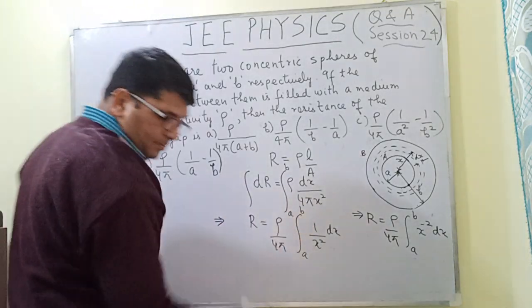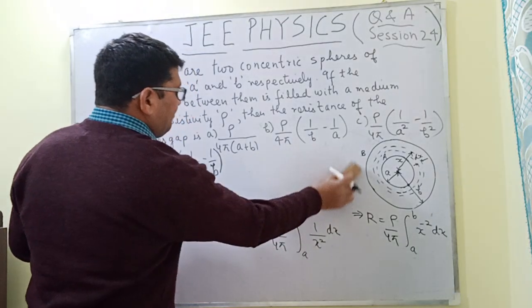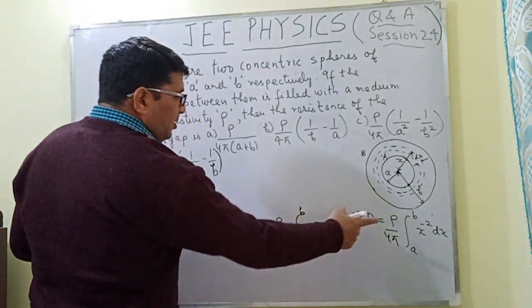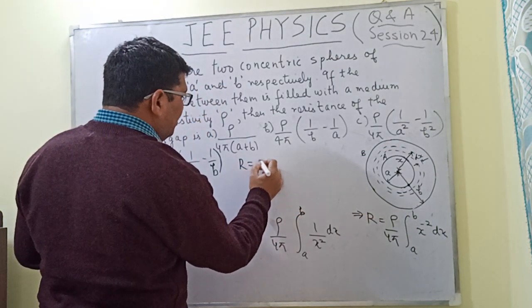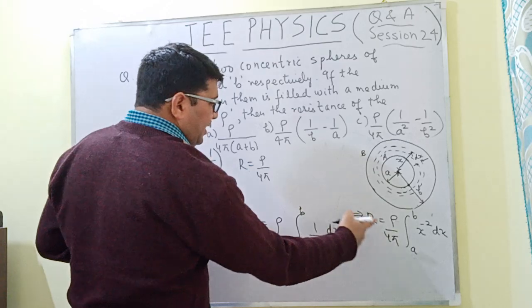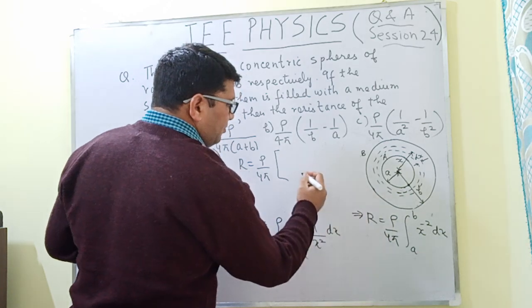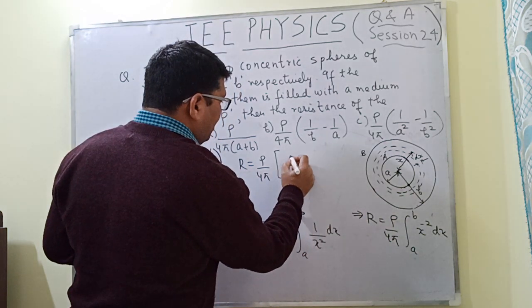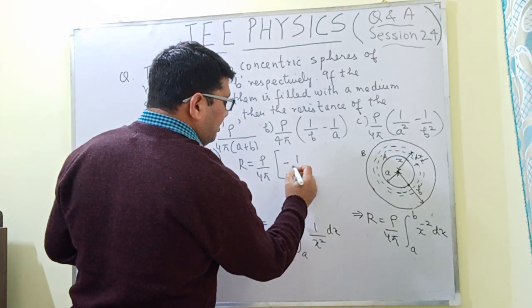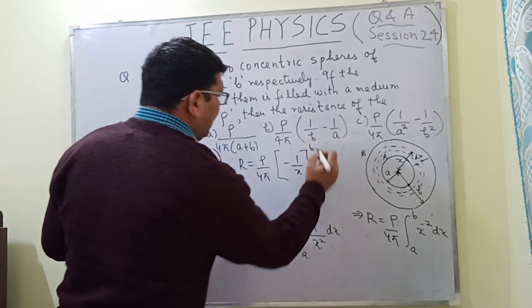Now R will be equal to rho upon 4 pi, and if I integrate this one, I will get minus 1 by x, from a to b.